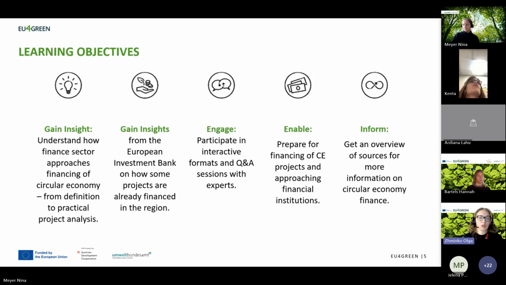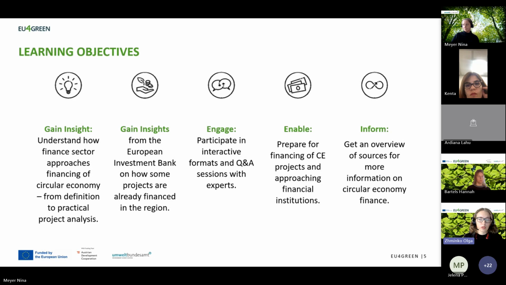We want you also to participate in interactive discussions and Q&A sessions with experts. We want to enable you for financing of circular economy projects and approaching financial solutions. And we will provide you an overview of different sources where you can get more information.